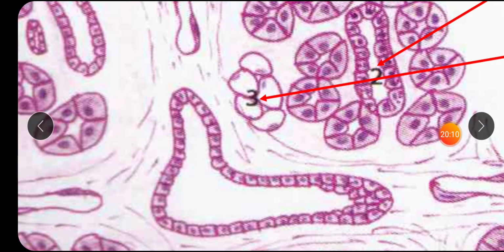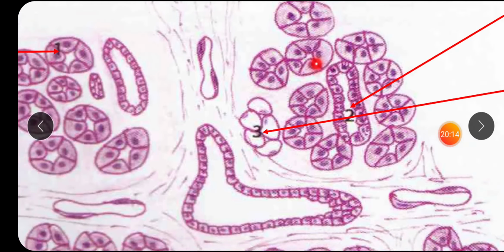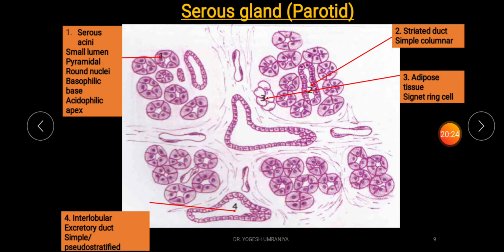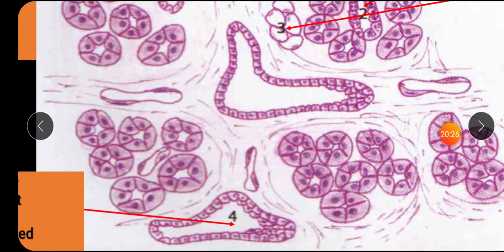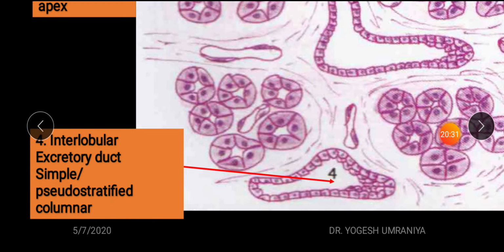You can see this area, signet ring cells, having this characteristic, and number 3 is the adipose tissue. Number 4, again one duct is there. This duct is known as the interlobular excretory duct, situated within the connective tissue septa that separates the various lobes of the salivary gland.